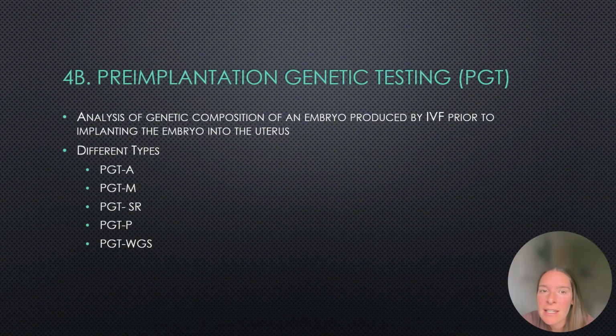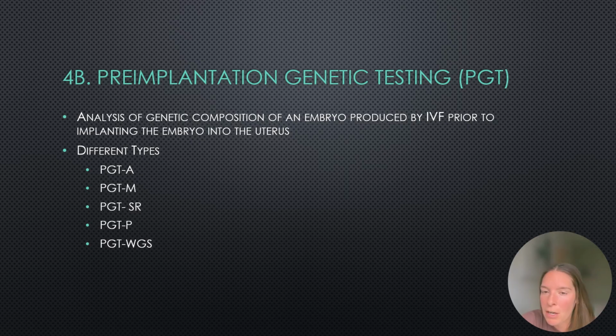Preimplantation genetic testing is the analysis of the genetic composition of an embryo produced by IVF prior to implanting that embryo into the uterus. So PGT comes in many different forms, and it's continually evolving, which is one of my favorite reasons why I love working in the space of assisted reproductive technology. There's PGT-A, that's testing for aneuploidy or chromosome imbalances.